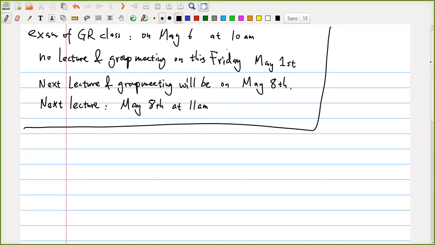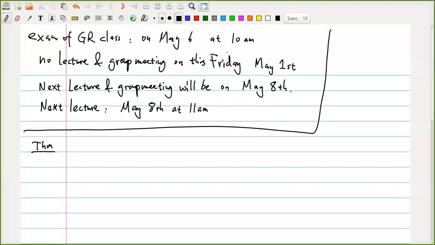So here, I better list it as a theorem about Wigner D matrices, just to give you a summary of the properties of the Wigner D matrix and why they are important. Probably this is also quite obvious if you look at the formula for the Wigner D matrix.